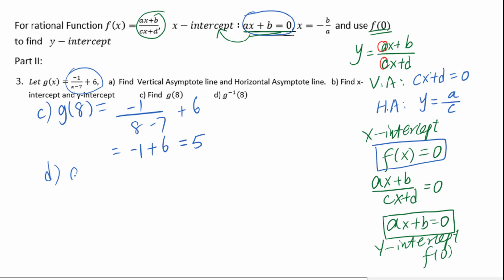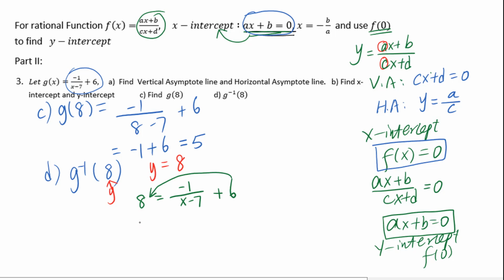For D, inverse G of 8. For the inverse function, this is y. Y equals 8. So we set up 8 equals -1 over x minus 7 plus 6. Isolate this fraction part so that we can cross multiply. 8 minus 6, that is 2, equals -1 over x minus 7.